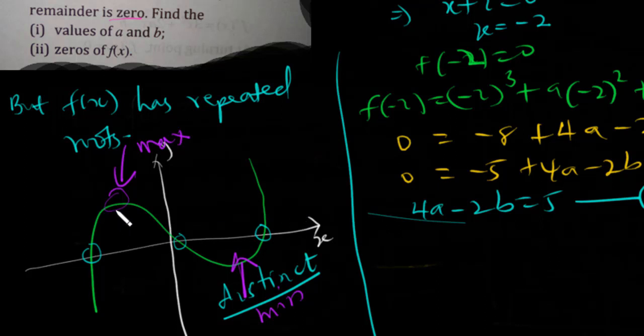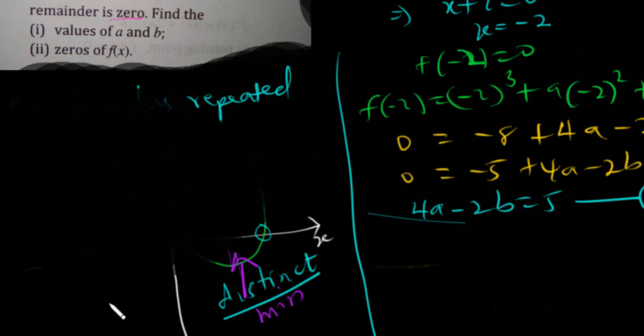From here it is turning somewhere here, but do you know the value of x? Of course not, it cannot tell for sure. But when the curve has repeated roots, then we can tell where one of the curve's turning points is happening. So that is what we are going to use to continue to solve this.